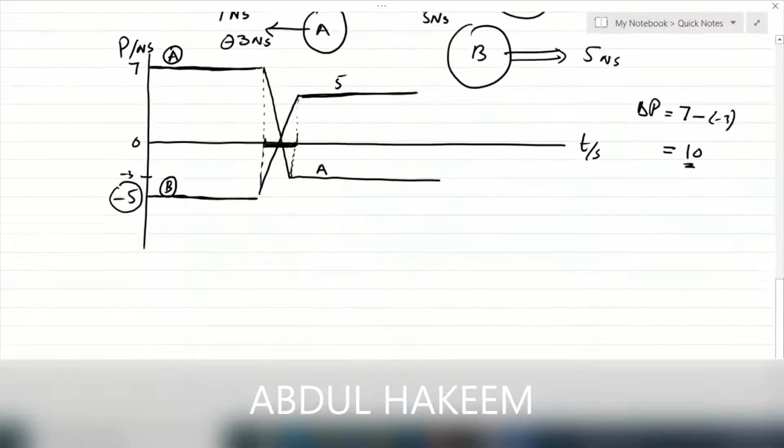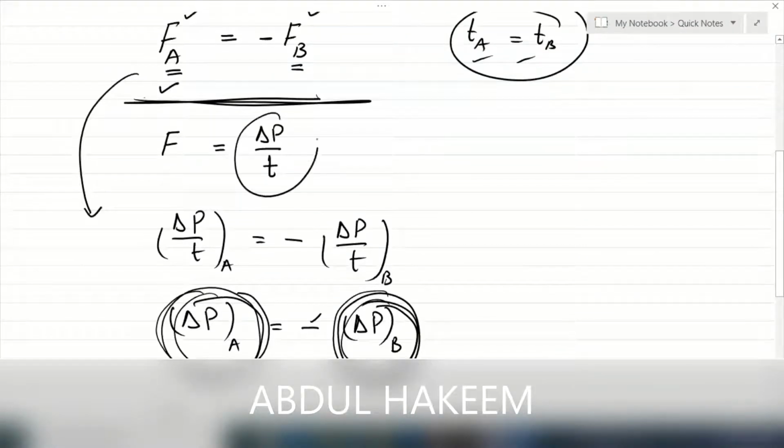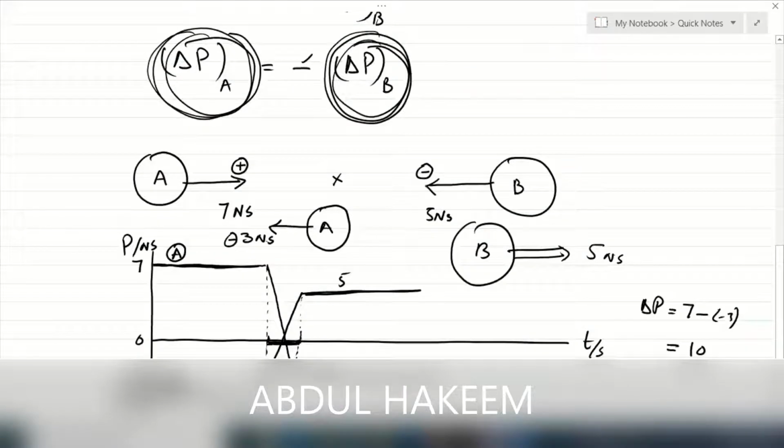Now, according to this formula, change of momentum divided by time, meaning the gradient of the momentum-time graph, is the force. Now, the gradient of this line is negative. Gradient of this line is positive. Both gradients are equal.